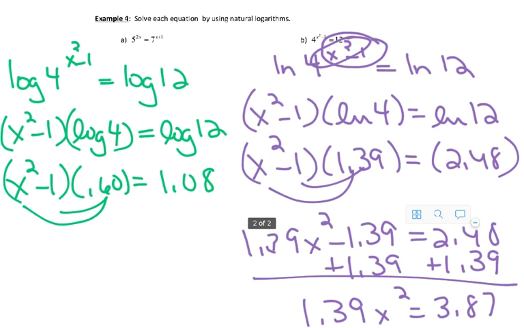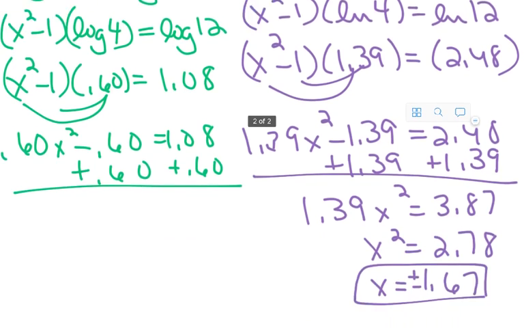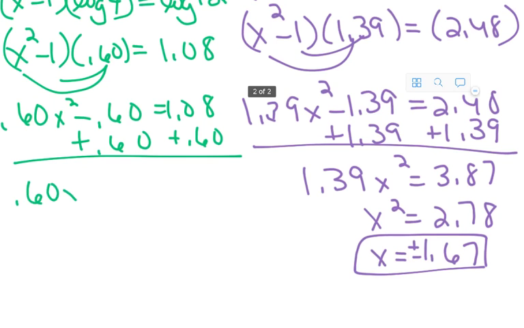And then I would distribute, and I get 0.60x squared minus 0.60 is equal to 1.08. I would add 0.60 to both sides, and I would get 0.60x squared is equal to 1.68. And then I would divide 1.68 by 0.60 and get about 2.8.